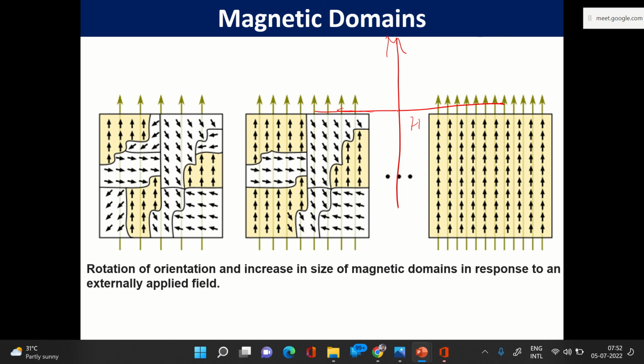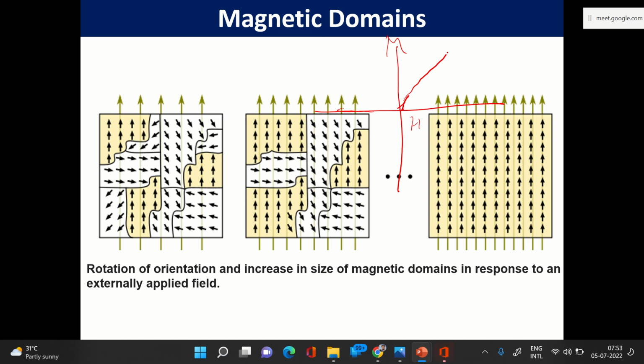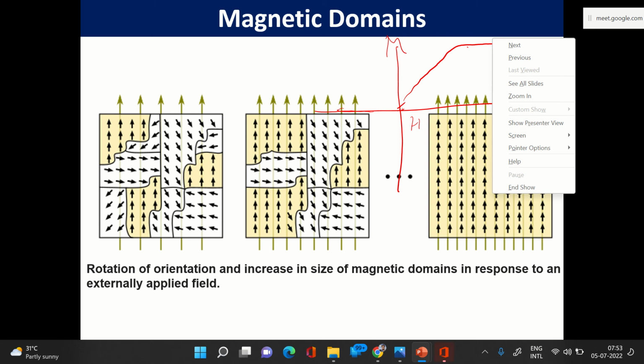You start showing like this and achieve this point. So gradually you achieve saturation. Initially it is 0, then it increases and you achieve saturation. So this is the point, MS.